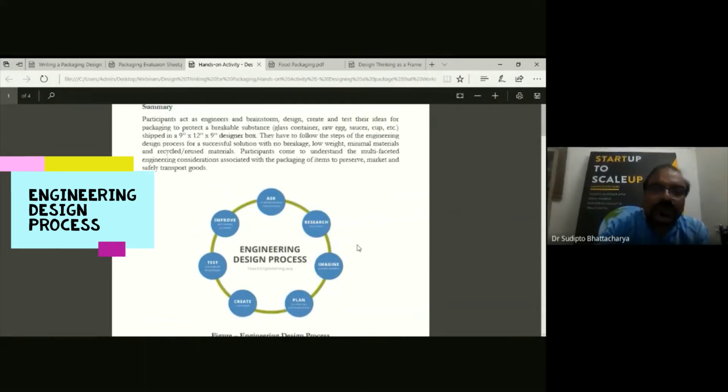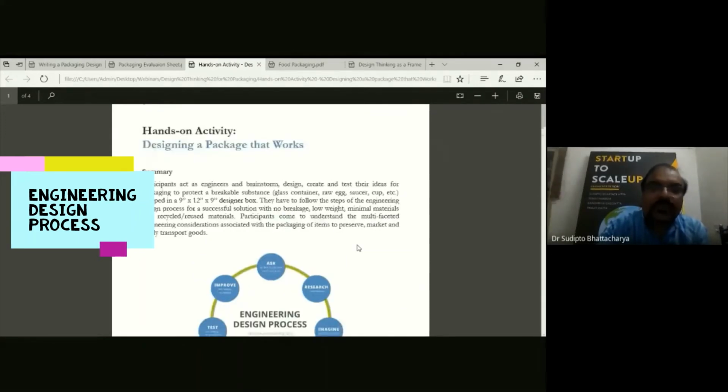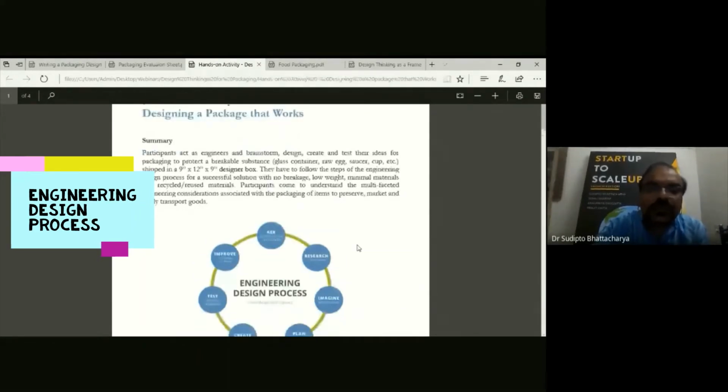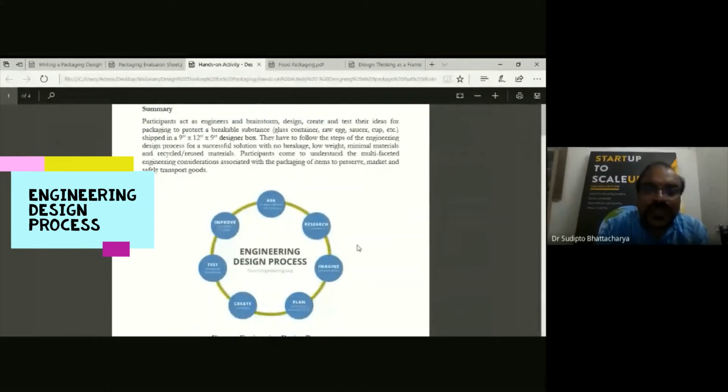So when I talk about designing a package that works, I gave you something to do on a 9-inch by 12-inch by 9-inch designer box, where you have to safeguard a fragile substance.